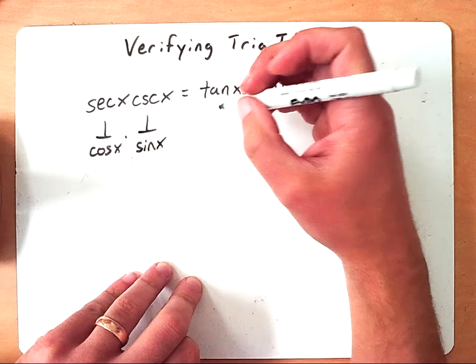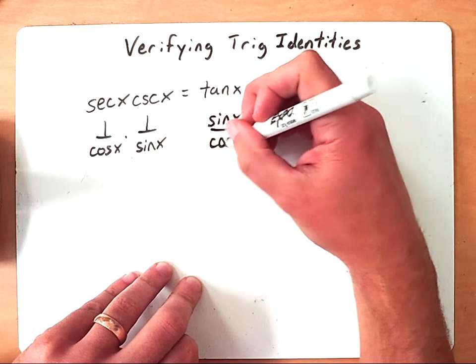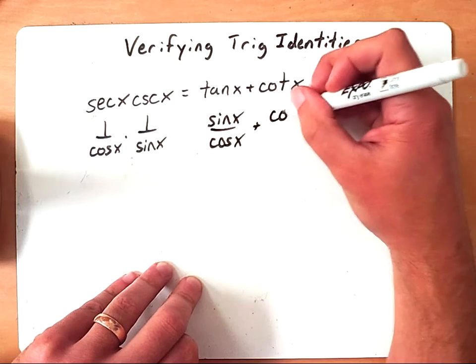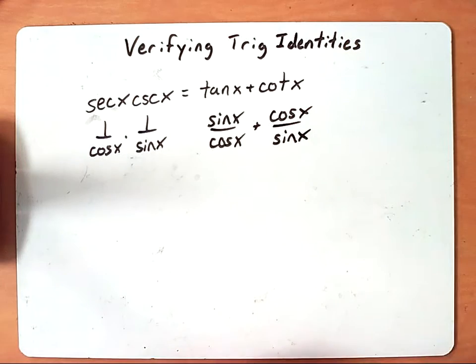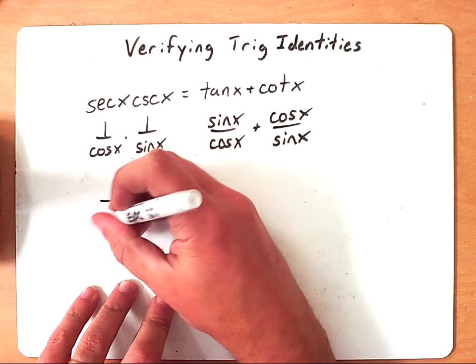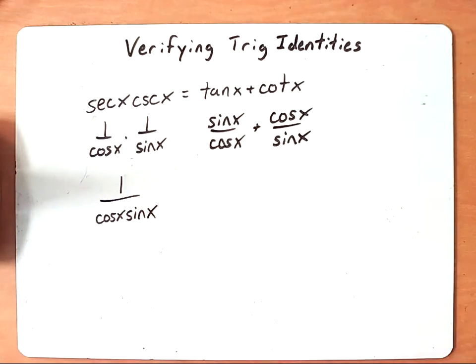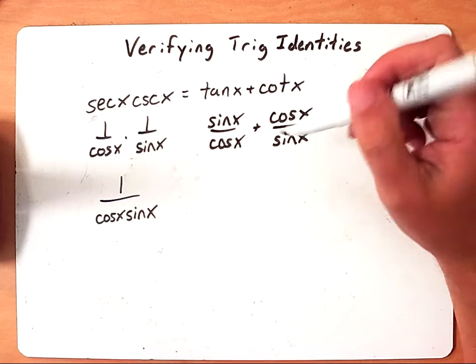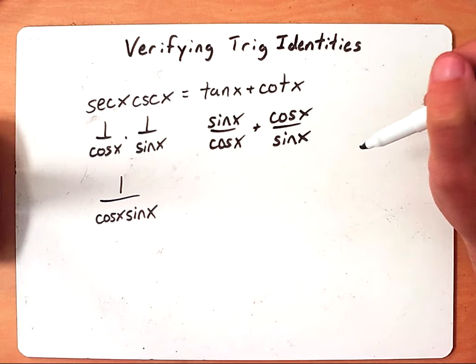If I did that over here, I would have sine of x over cosine of x plus cosine of x over sine of x. All right, so here, what I'm going to wind up with on the left side is 1 over cosine x sine x, because I would just multiply those together. Now, again, like the last problem, in order to add these fractions together, they need to have a common denominator.